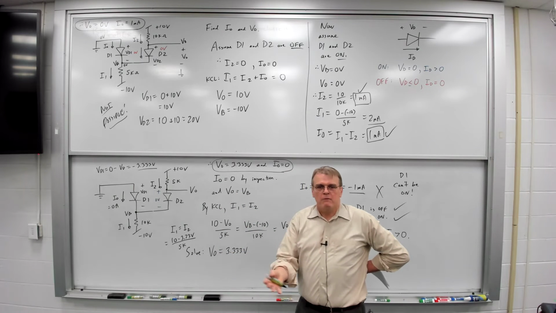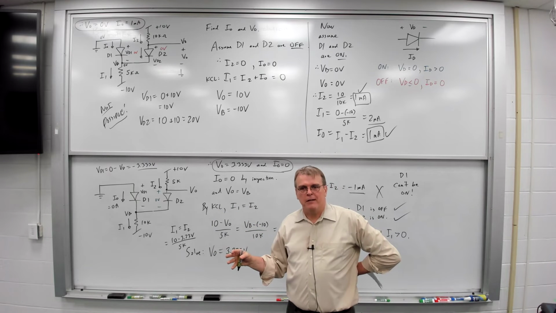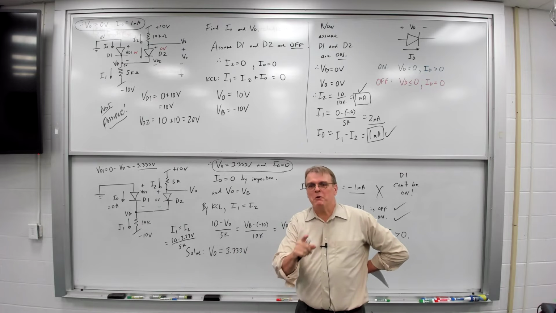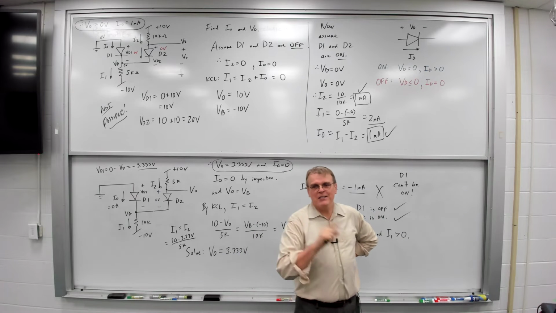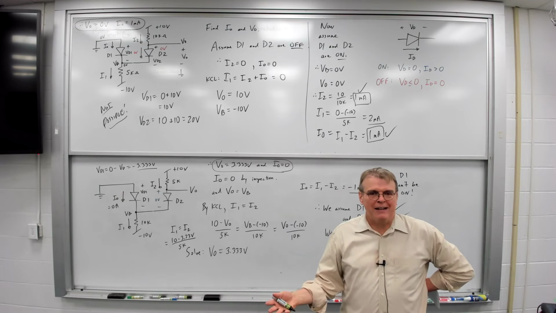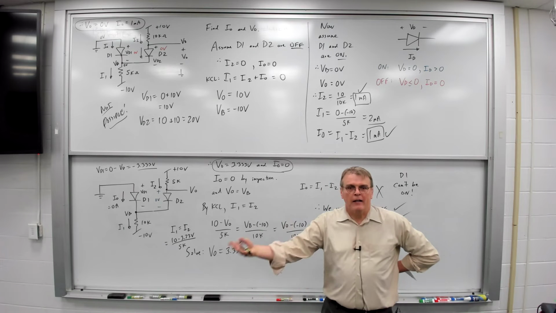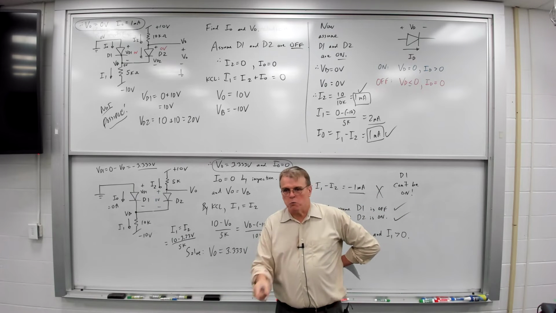And after that, there's no point in checking the others because the diodes cannot be both off or on at the same time. Just doesn't work that way. Once you have a valid state, that is the valid state. So this isn't like quantum mechanics with Schrodinger's cat, where the cat is both alive and dead. Okay, a circuit cannot be both on and off. A diode cannot be both on and off. It's one or the other.